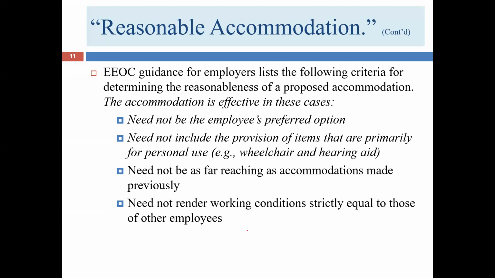Working conditions don't have to be perfectly equal. So let's imagine that the closest bathroom for that particular gender is one that would be very difficult to architecturally configure to meet this particular employee's needs.